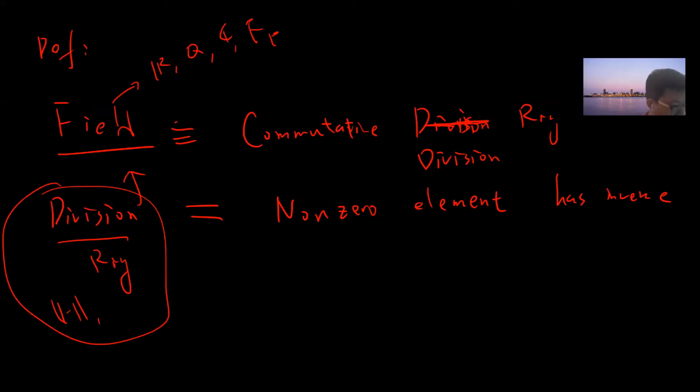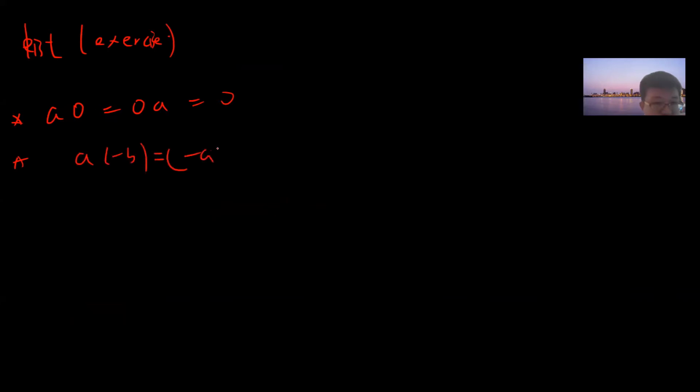Okay, so there are many simple formulas, so I just list them. These are basically easy exercises. Like a0 is 0, 0a is 0. So this is for all rings, and then (-a)b is -ab. So these are all just simple exercises. So you guys should check by yourself.